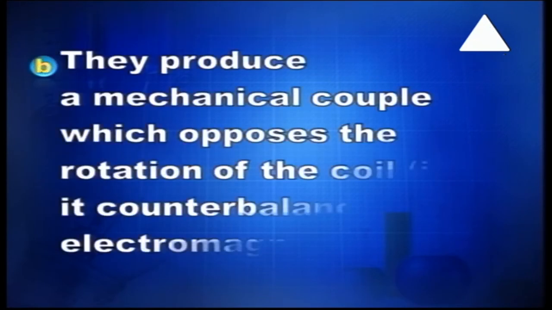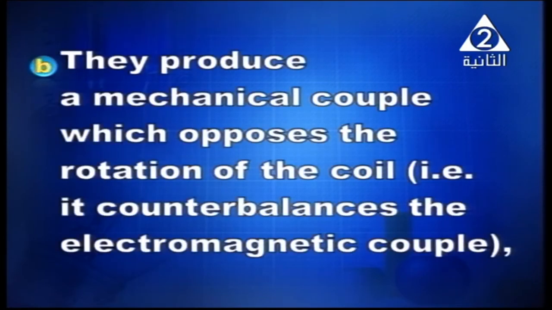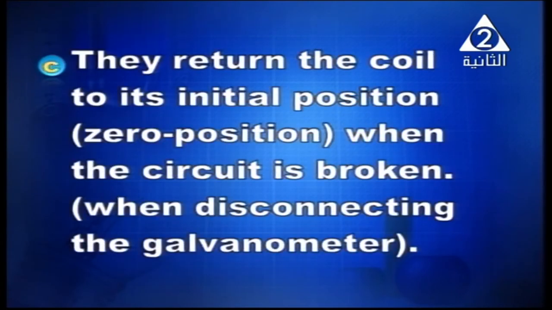They produce a mechanical couple which opposes the rotation of the coil, that's to say, it counterbalances the electromagnetic couple. Hair springs return the coil to its initial position, to its 0 position, when the circuit is broken, when disconnecting the galvanometer.